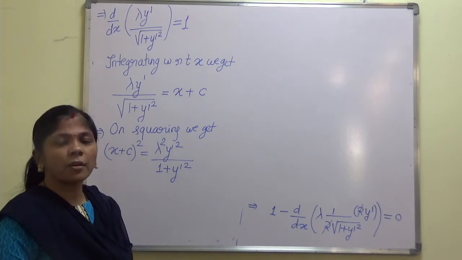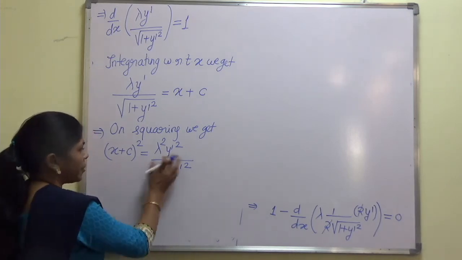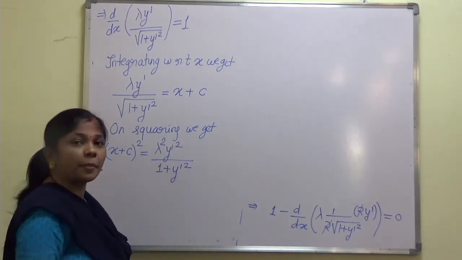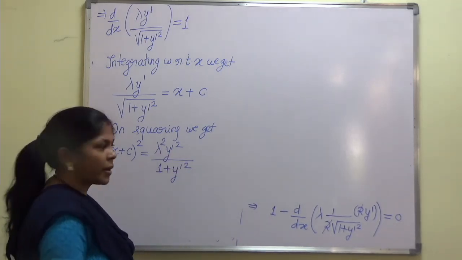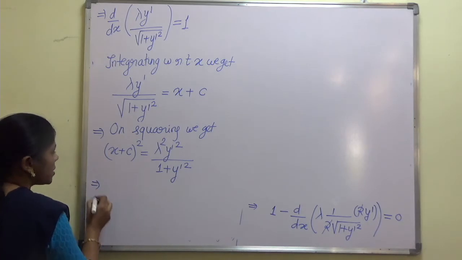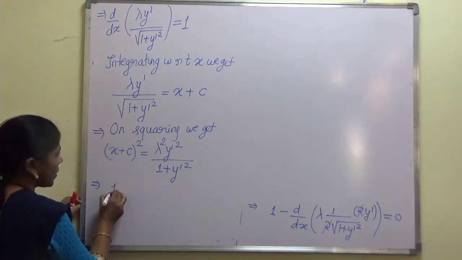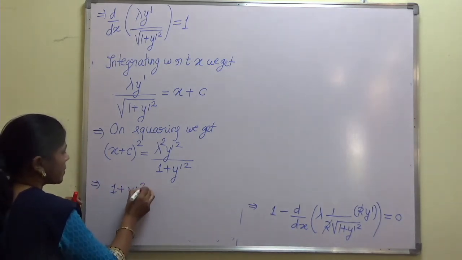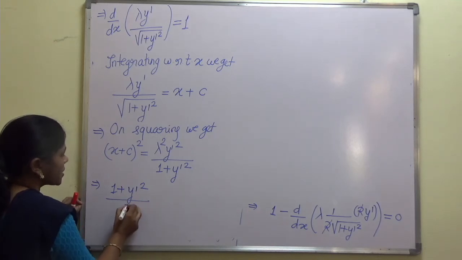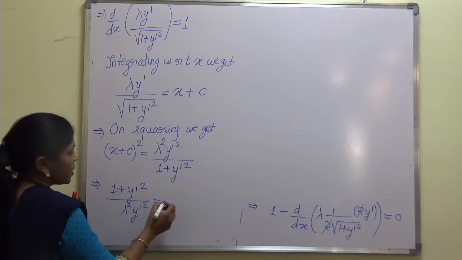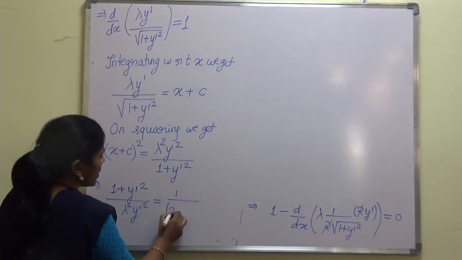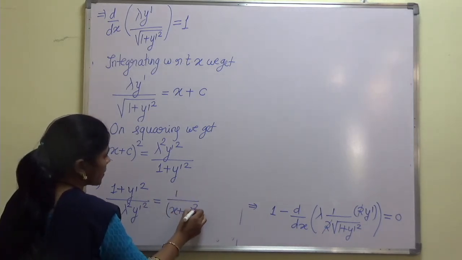Separation will be easier if this term goes in the numerator, so let us take the reciprocal. I can write it as 1 plus y dash square upon lambda square y dash square equal to 1 upon x plus c whole square.